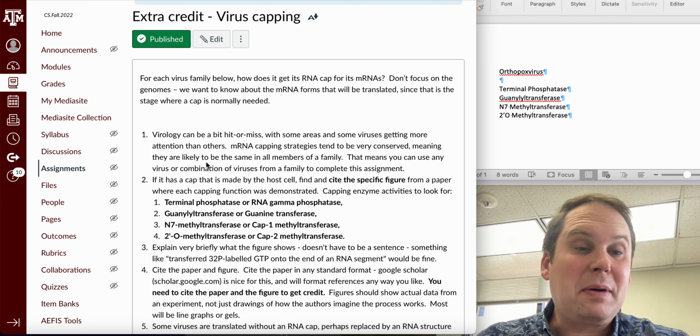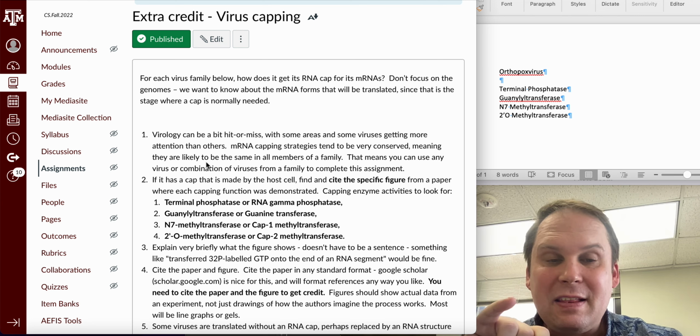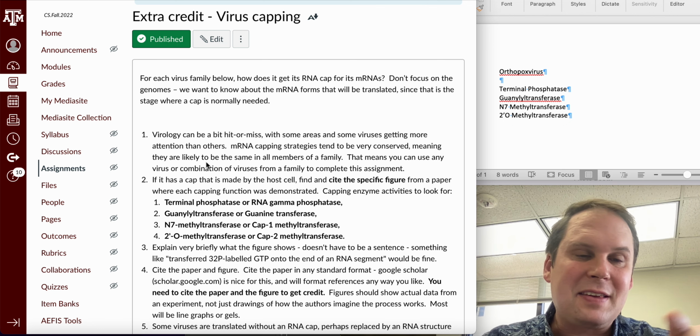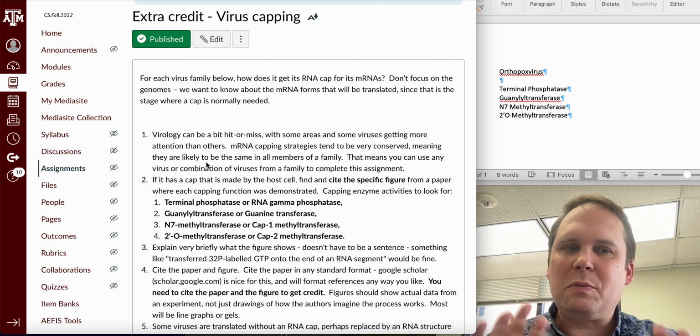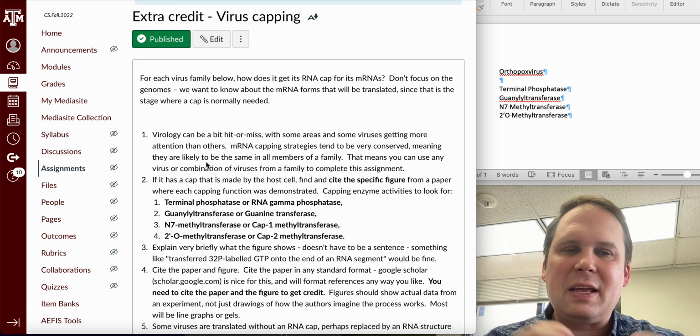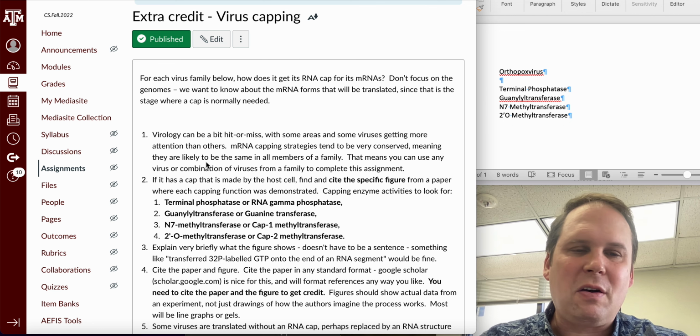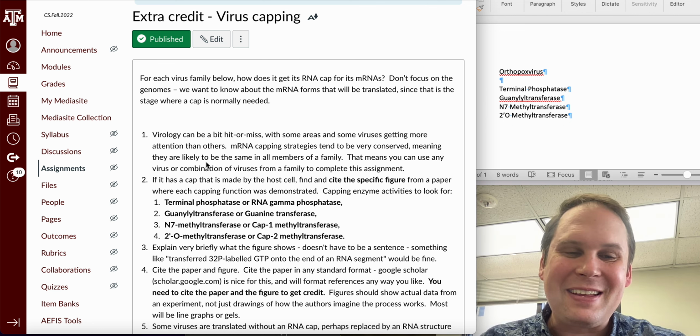You can just use that. But if they did one enzyme from feline coronavirus and figured out another enzyme from SARS coronavirus 1, that's still okay. You can put those together, and we'll assume that if it works for one member of the family, it's more or less the same in all the other family members. You don't have to document the guanylyl transferase for every single virus in the family. That way lies madness.